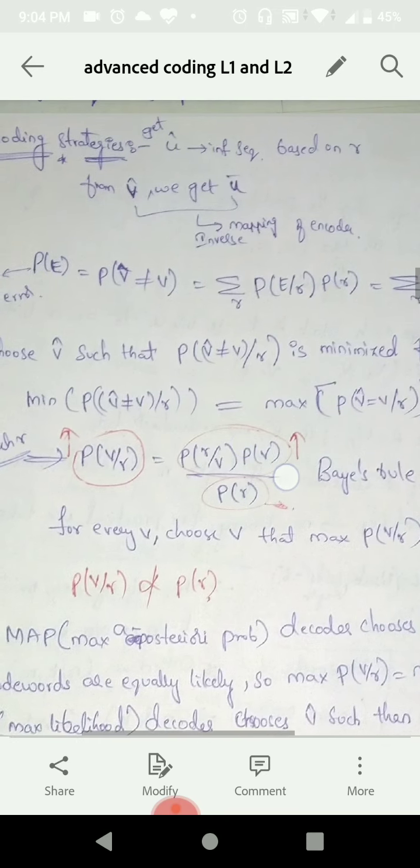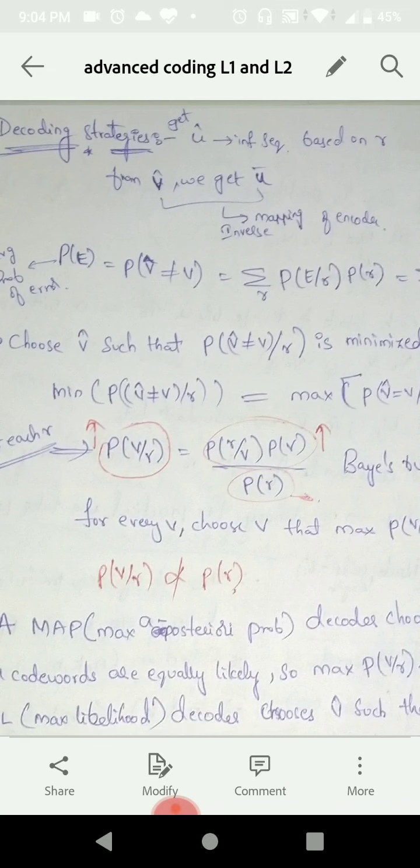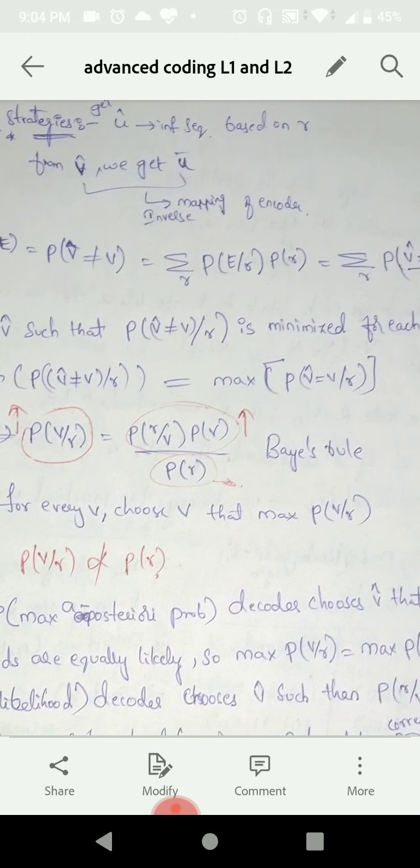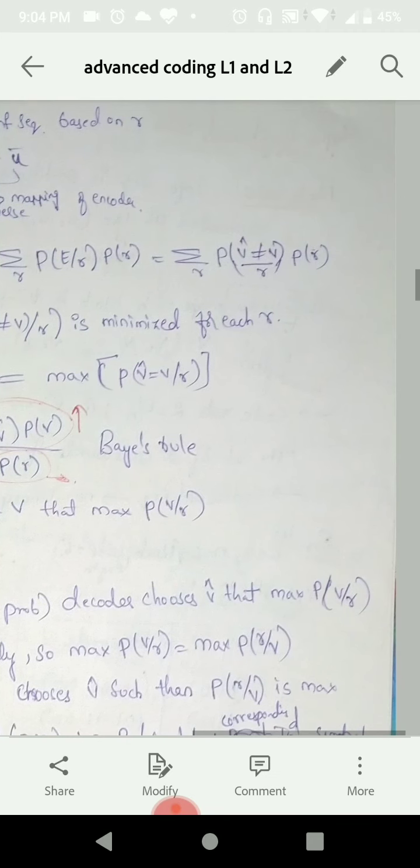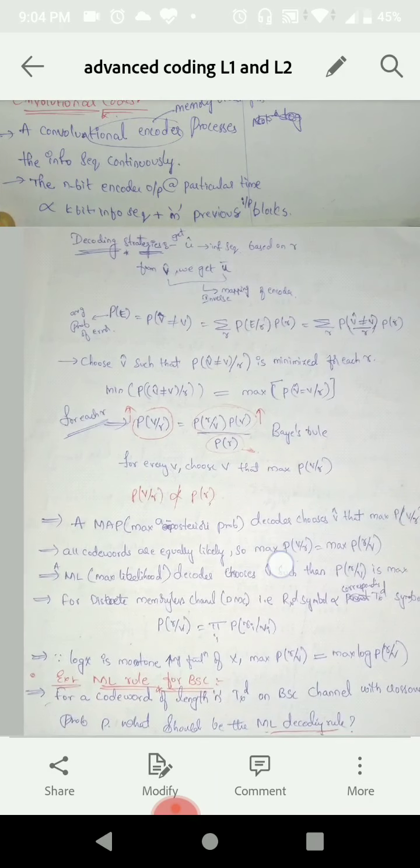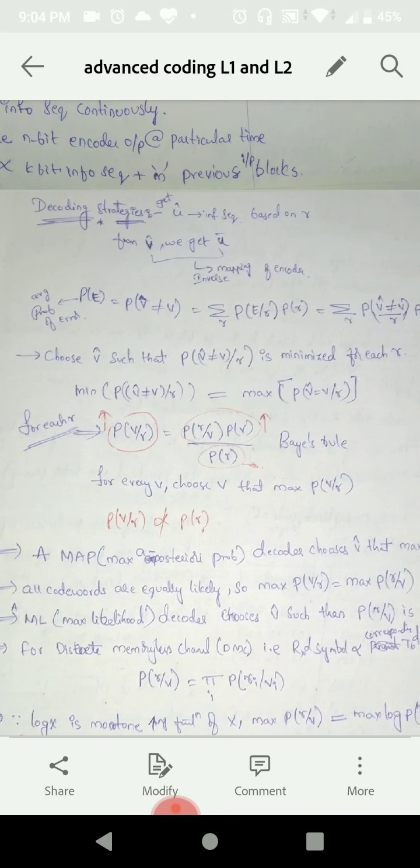Here the average probability of error is when v estimate is not equal to v, then it is called an error. We can represent it as the summation over all r of the probability of error given r, times the probability of r, where error means v estimate not equal to v. We need to choose v estimate in such a way that the probability of error is minimized for each and every value of r.